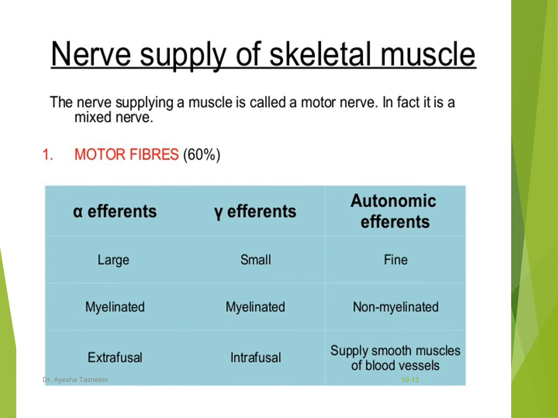Alpha is extrafusal, gamma intrafusal, and autonomic efferents are meant for supplying the smooth muscles.